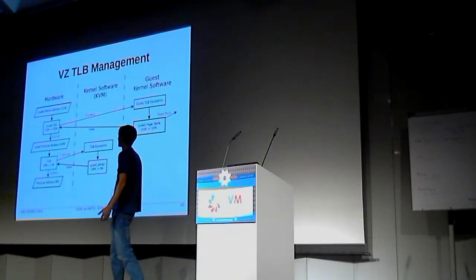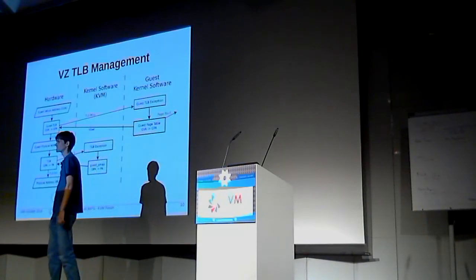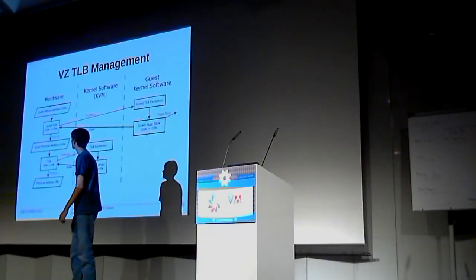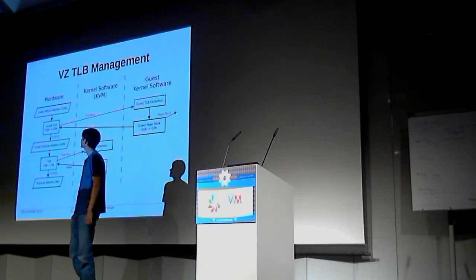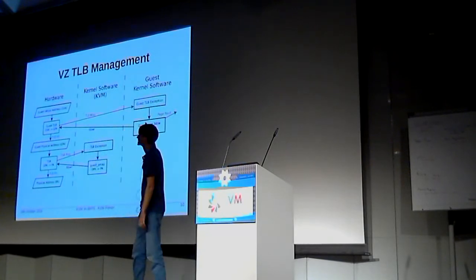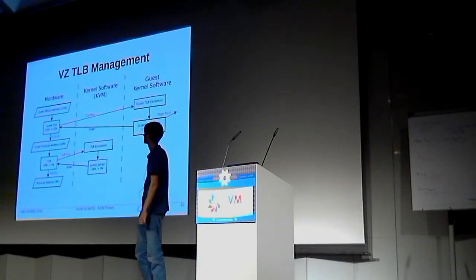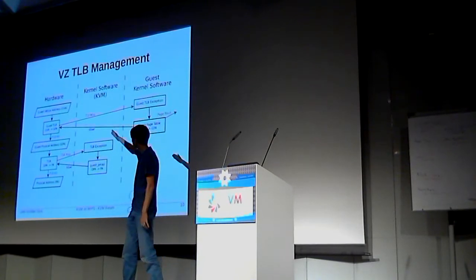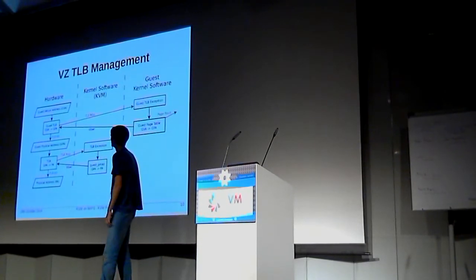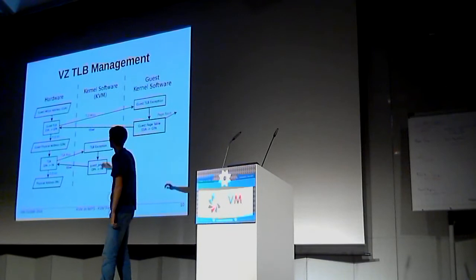So that now, when a guest does a memory access which it doesn't know where it maps, it will trigger a guest TLB exception directly. The guest can then look in its page table and fill the entry back into the guest TLB. It will then trigger a root TLB exception, which can then do the rest of the mapping.